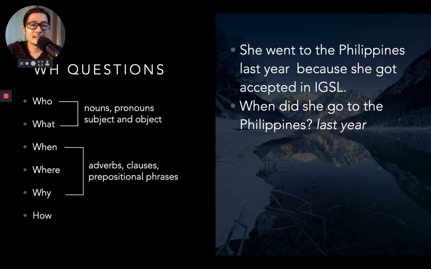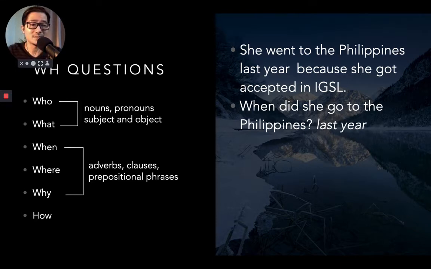Now, this is one thing I want to point out. As much as possible, try to keep the original grammatical form when you ask a WH question. The same thing you do with yes/no questions. You try to keep the grammatical form, right?